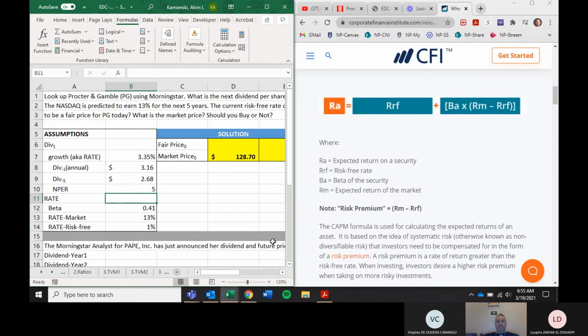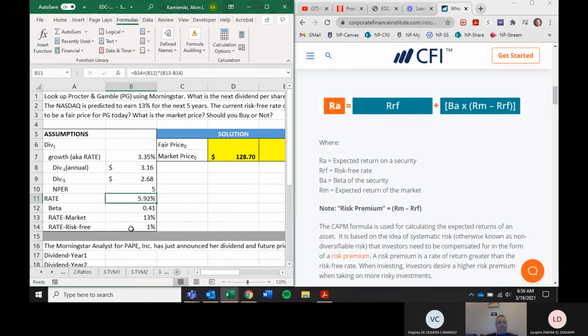So the expected rate of return is equal to the risk-free rate of return. So this right here, plus open a parenthesis, and then I'm going to take my beta, that's this measure right here, close my parenthesis there, and multiply it by, open another parenthesis, take my market rate minus my risk-free rate, close that parenthesis there.